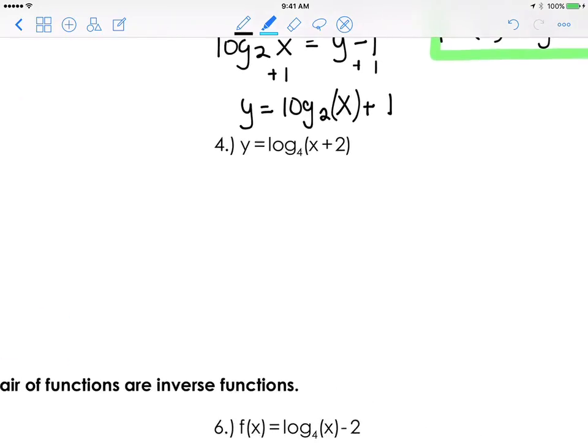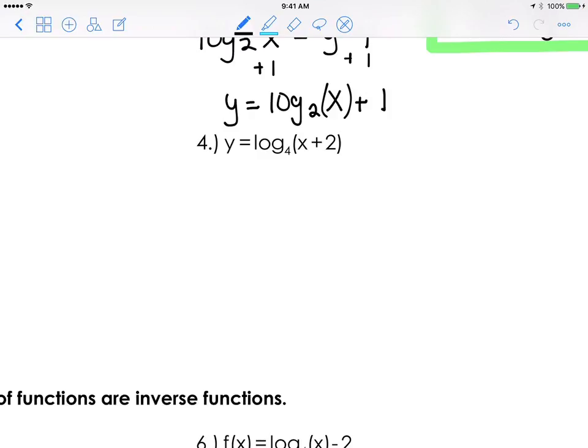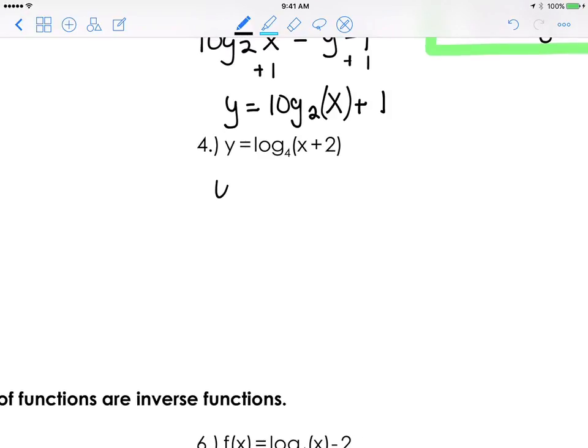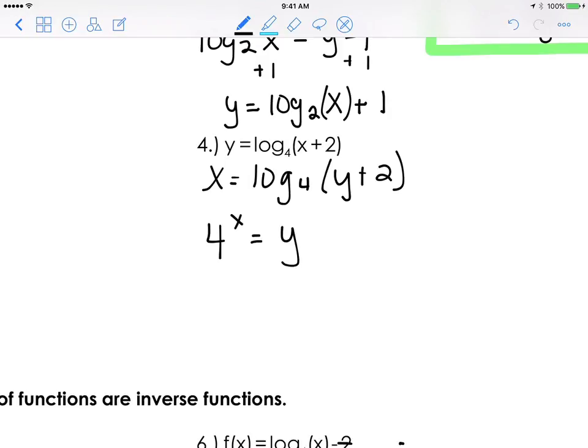Okay, let's do another one. Last one. So again, I've got to switch my x and y. And now let's do our loop. So we get 4 to the x equals y plus 2.